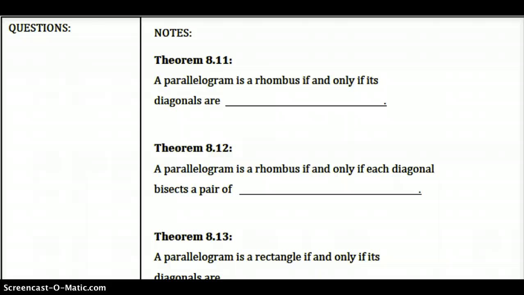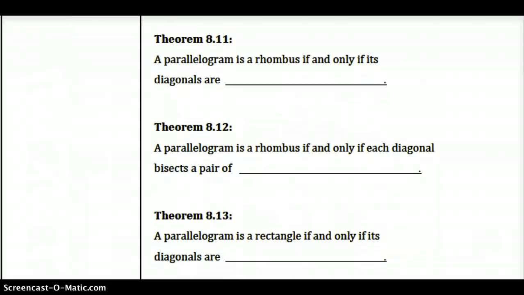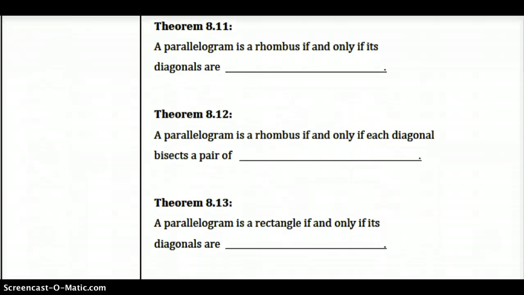Second page here, let's have some theorems. A parallelogram is a rhombus if and only if its diagonals are, and again, an if and only if is a biconditional, perpendicular, which means they form a right angle.